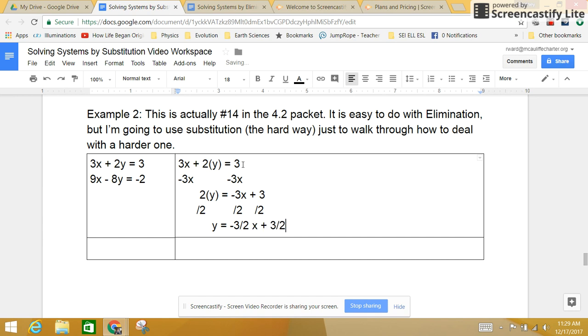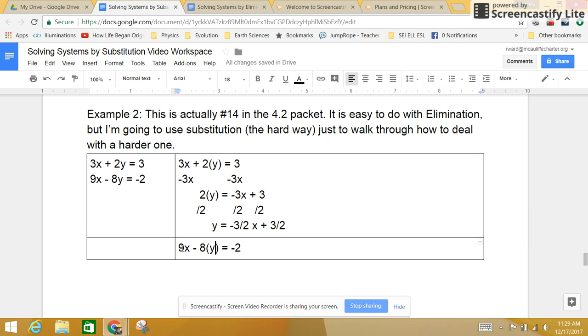And that's what I'm going to be replacing y with in the other equation. Now my other equation, I'm going to copy that down into my workspace here. I'm going to put parentheses here to remind myself that y is what I was working with, and y is what I'm going to be replacing with -3/2 x plus 3/2.